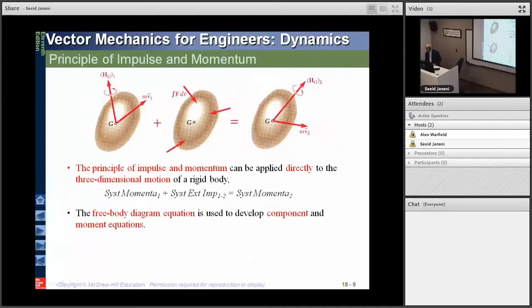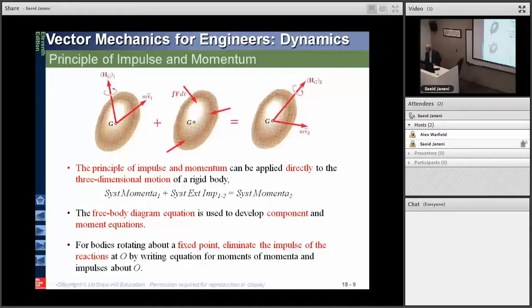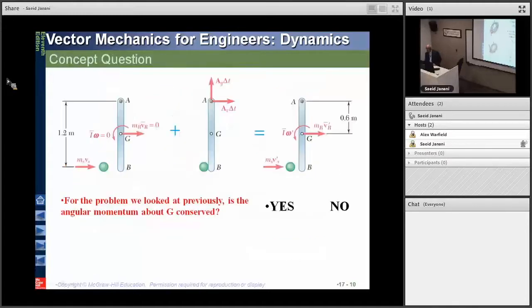Angular momentum about point O equals R cross mv plus h g, where R is the position vector of the particle P, and h g is the angular momentum about the center of mass, plus R cross mv related to the particle, three components.